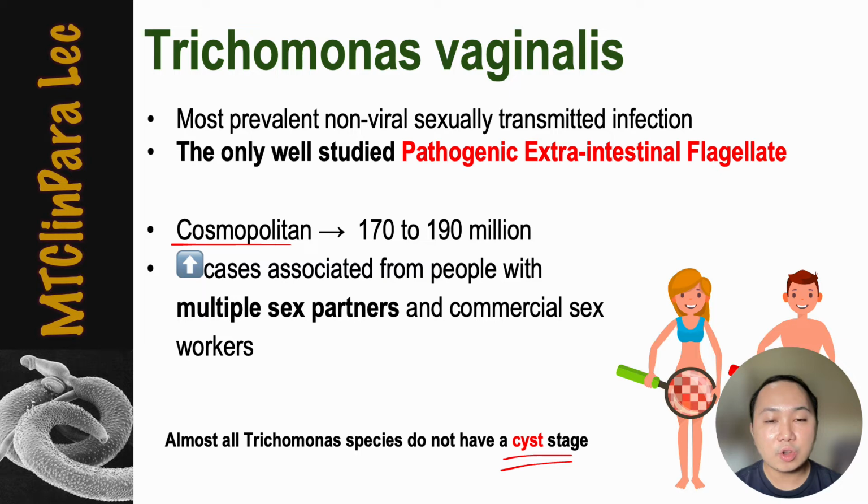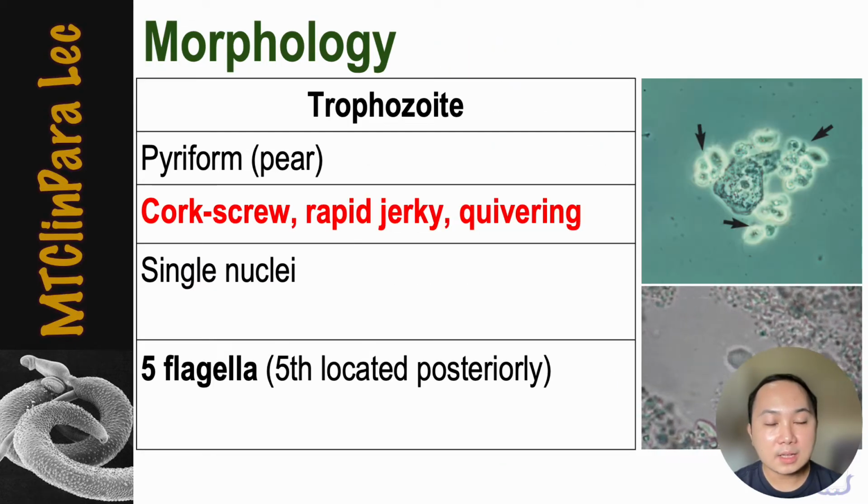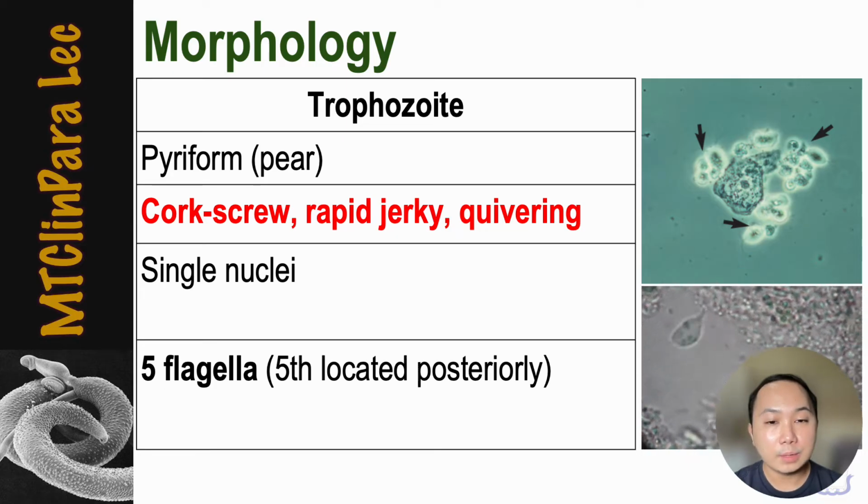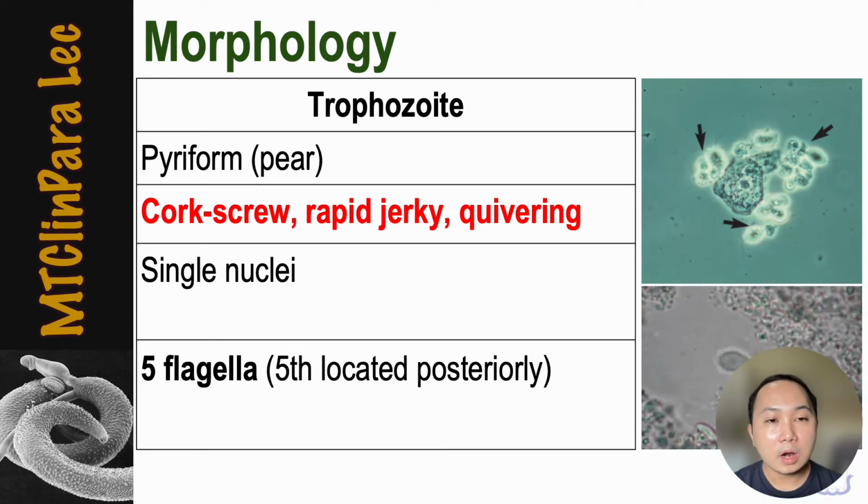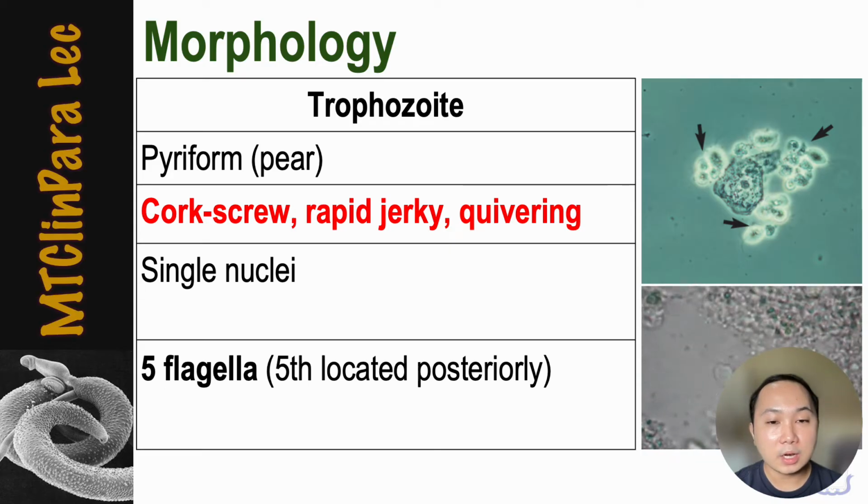Remember, your stomach region is very acidic in nature, and it is very destructive to the species of parasite. But since Trichomonas vaginalis does not undergo the intestinal route, it does not create the cyst form. So again, Trichomonas does not have a cyst form. Only the trophozoite is described in this scenario.